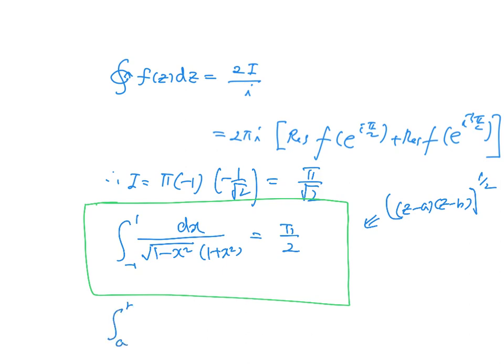Maybe A, B. A minus x, B minus x, AB minus BX minus AX.